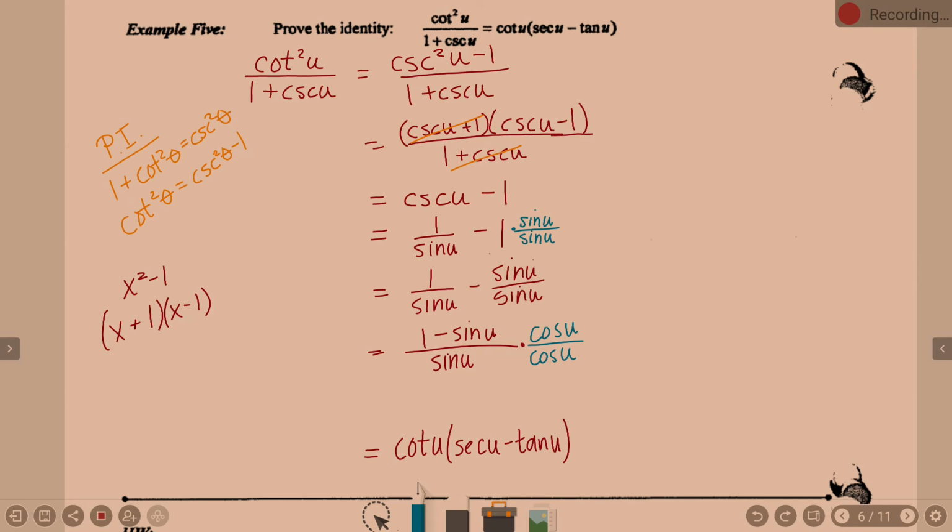Are you seeing this? So now, if I don't multiply these together, on top I'm going to have cosine u times 1 minus sine u over sine u times cosine u.